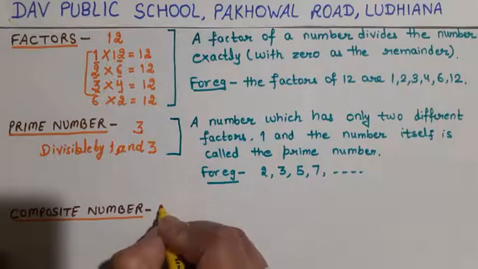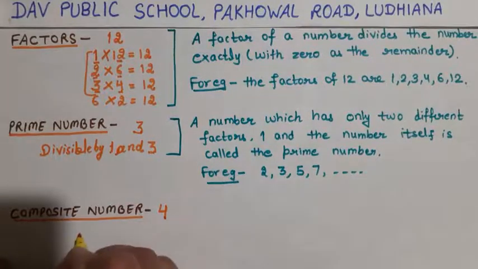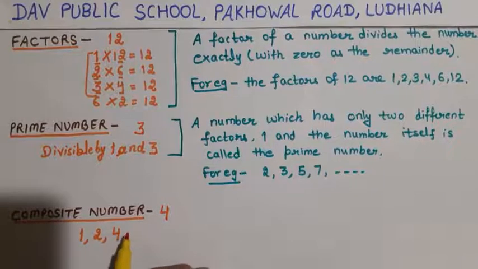Suppose you have number 4. Understand it with the example of 4. How many factors does 4 have? In the table of which numbers does 4 come? 1, 2 and 4. There are no other numbers which divide 4 exactly.